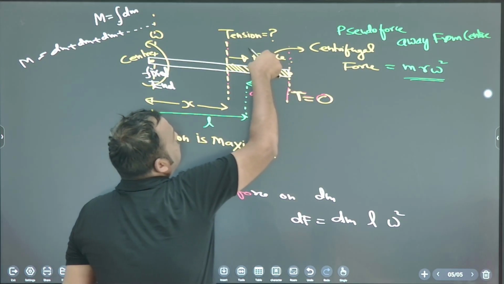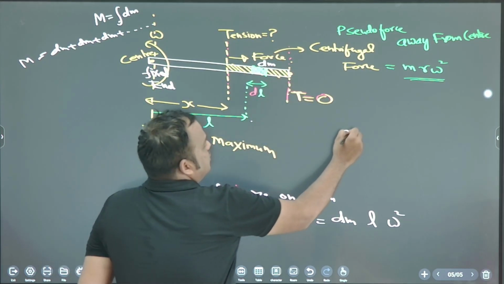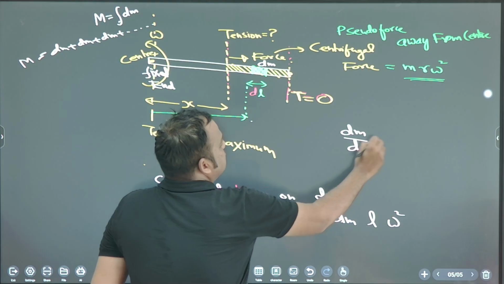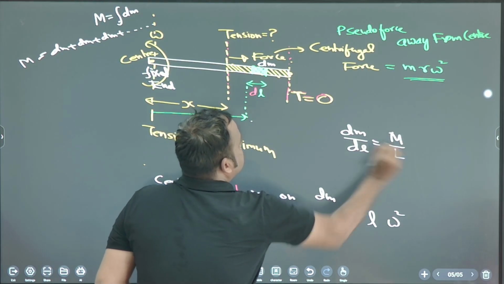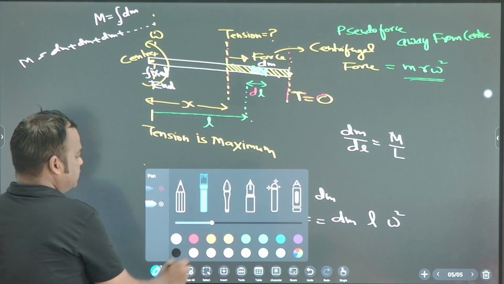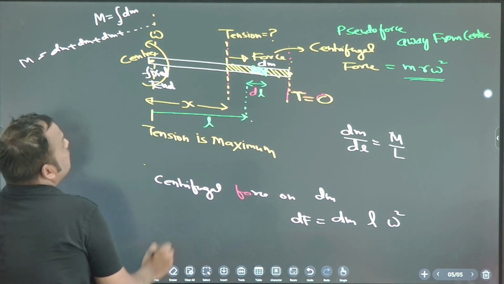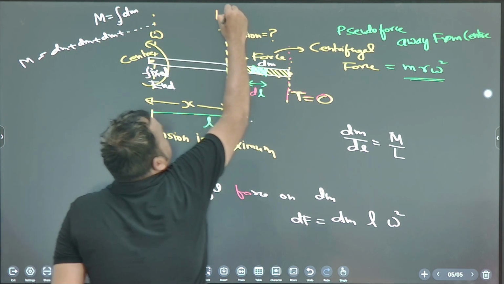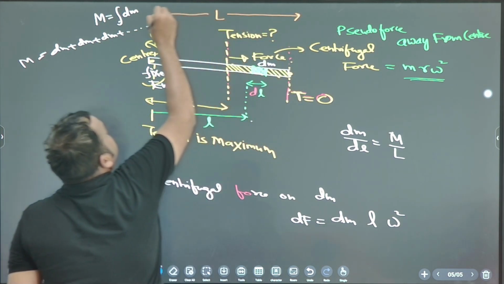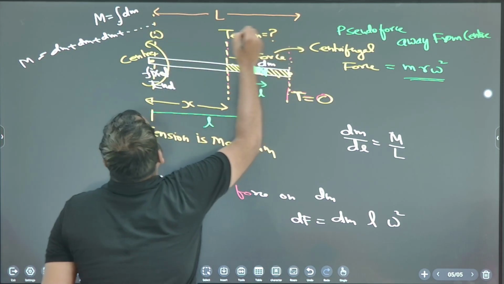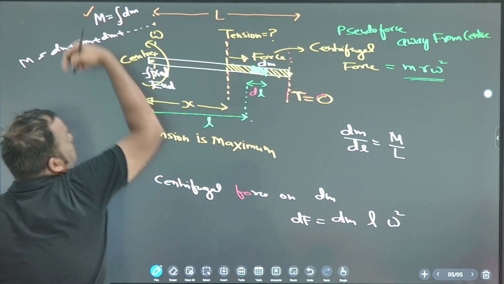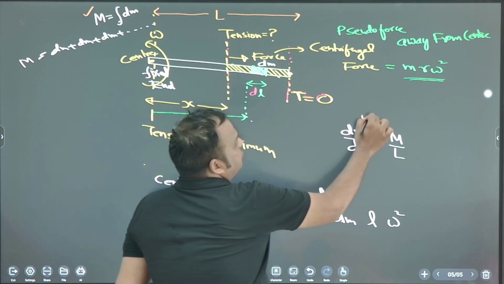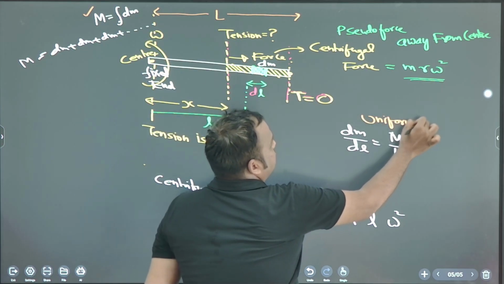And the length of dm is dl. So dm by dl, we can write M by L. L is the total length of the rod. Note down, L is the total length, and the mass of the rod is M. Total mass is M, so it is a uniform rod.